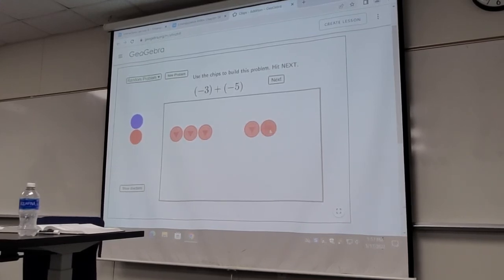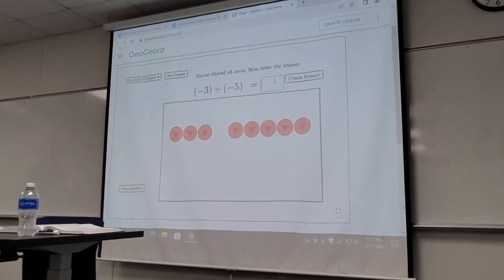So of course, what will the answer be? Yeah, so now I've got 8 negatives. Your build is correct, create 0 pairs. I have no positive chips, so I'm done. I get -8, because I can just count, I have -8.